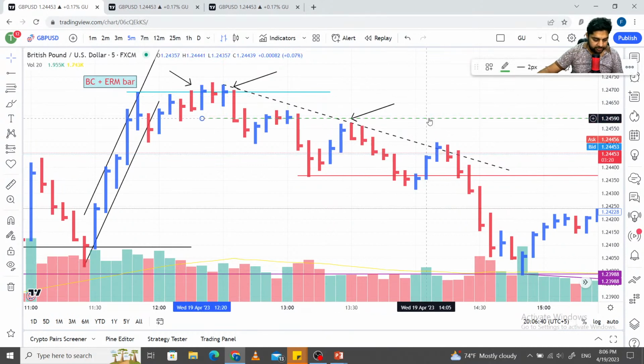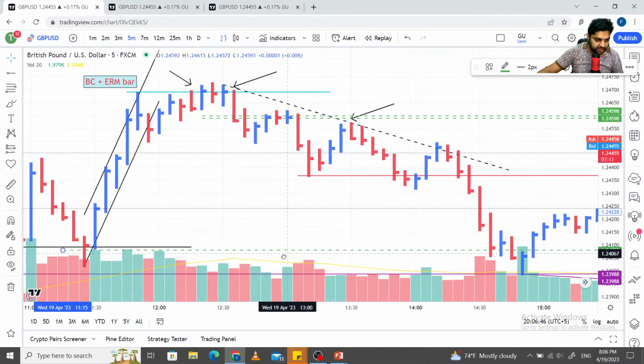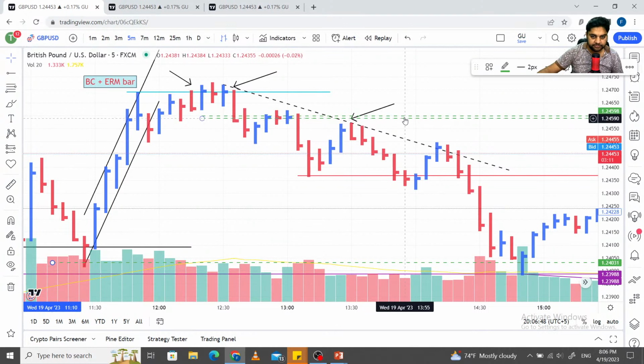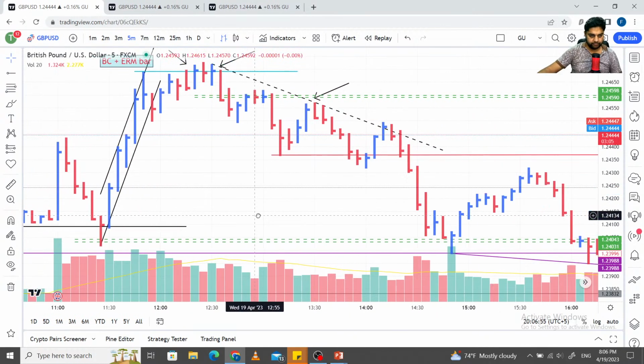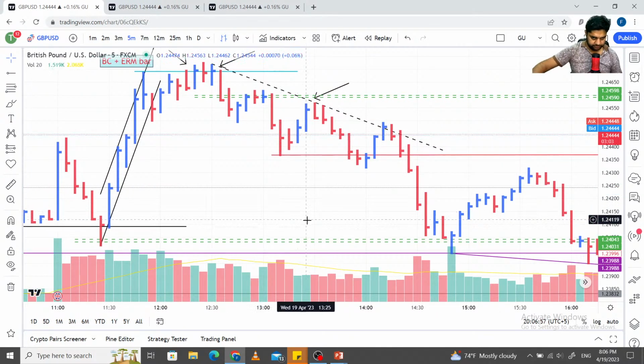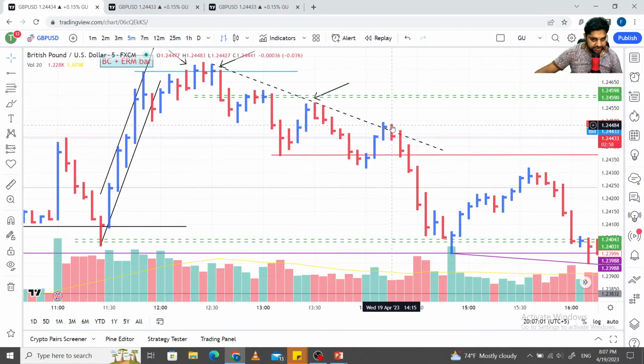Now your stop loss is this one, the other stop loss is this one, so you have two stop losses. And how about your TPs? Your TPs are right over here. First TP, second TP, you have two TPs running. So you have adjusted the trend line, and now the market comes up.